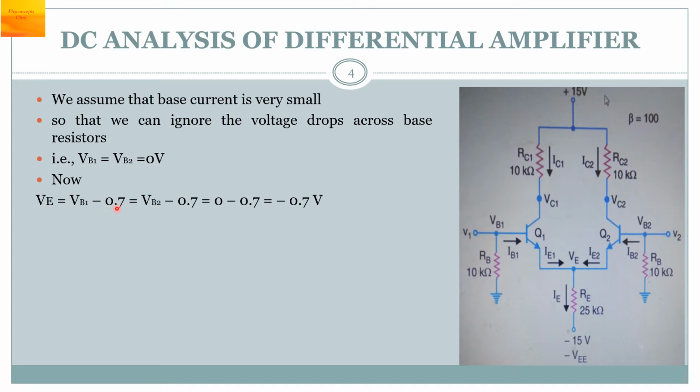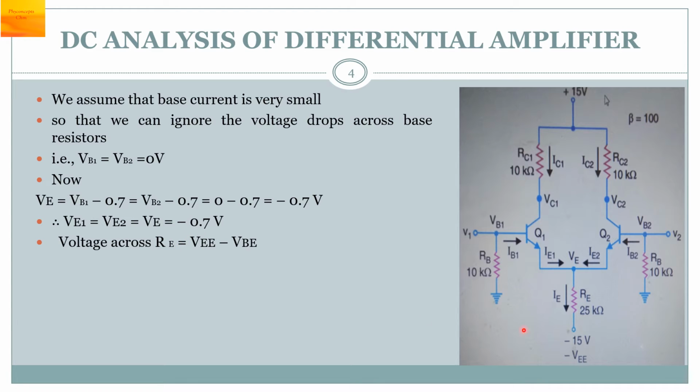So VB1 minus 0.7 and VB2 minus 0.7. We have assumed that VB1 and VB2 are 0 volts. So substituting that, we get minus 0.7 volt. Therefore, VE1 is equal to VE2 is equal to VE is equal to minus 0.7 volt.